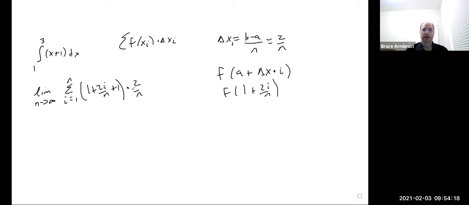I'm adding 1 and I'm multiplying by my dx. Okay, so let's simplify this a little bit. 1 plus 1 is 2 times 2 over n is 4 over n. And then 2i over n times 2 over n is 4i over n squared.